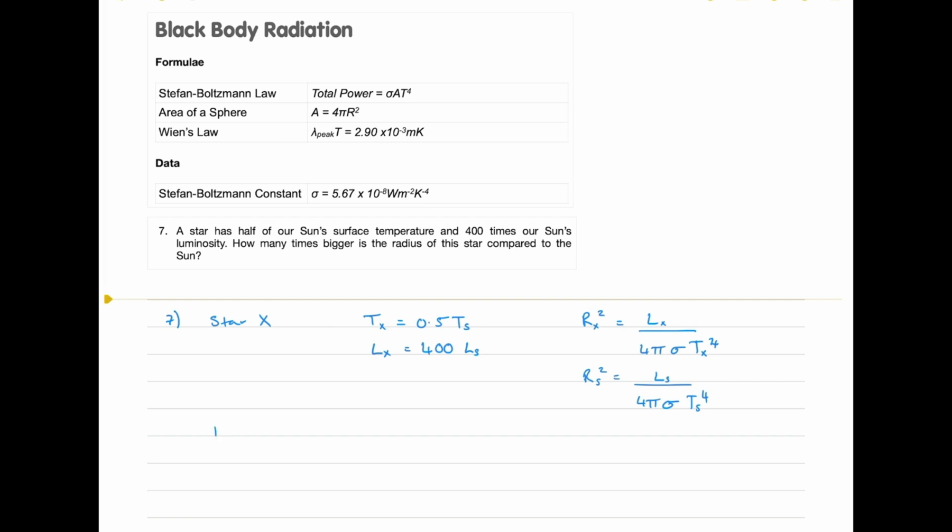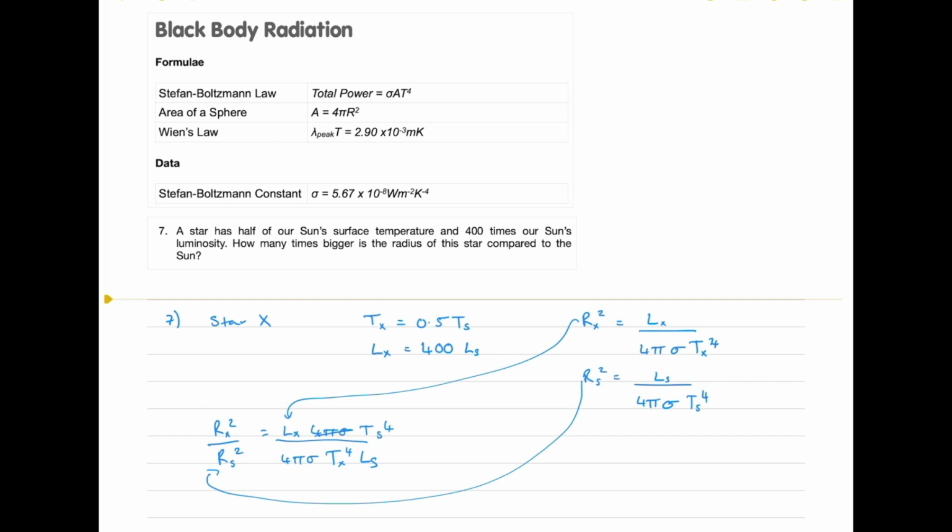So let's put radius of X squared over radius of the sun squared. So Lx over 4 pi sigma Tx to the power 4, and then the radius of the sun in here, which gives us Ls over 4 pi sigma Ts to the power 4, and these all cancel.